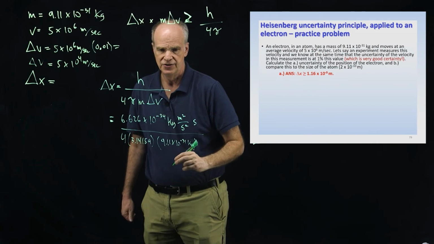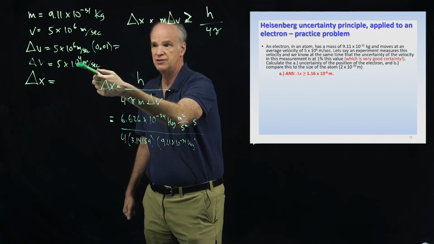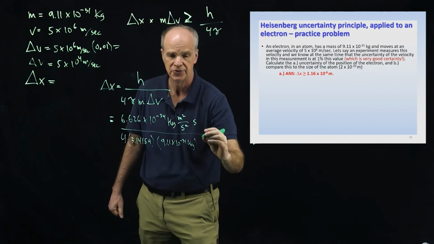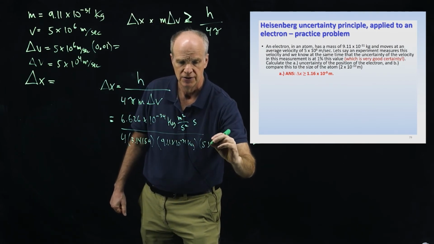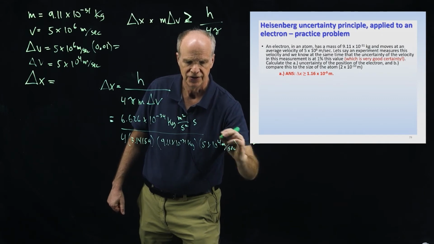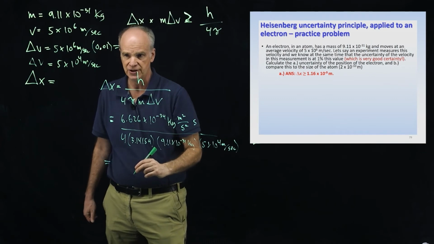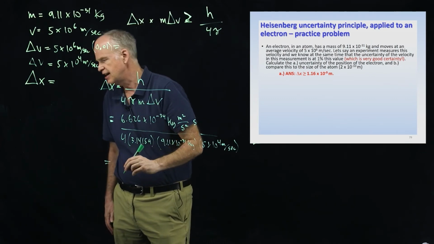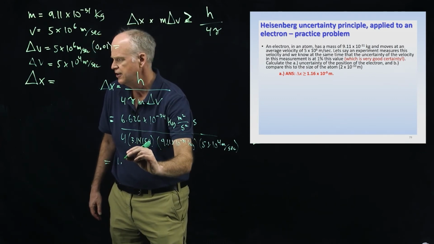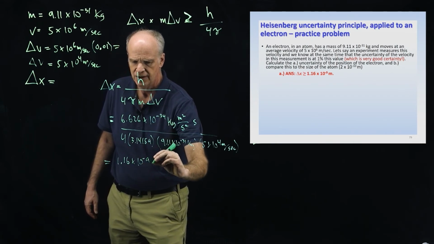And then delta v, so again, we don't want the velocity here, we want the change in velocity, which is 5 times 10 to the 4 meters per second. Okay, you can work out the math, and the answer on the screen should be correct. It's 1.16 times 10 to the negative 9 meters.